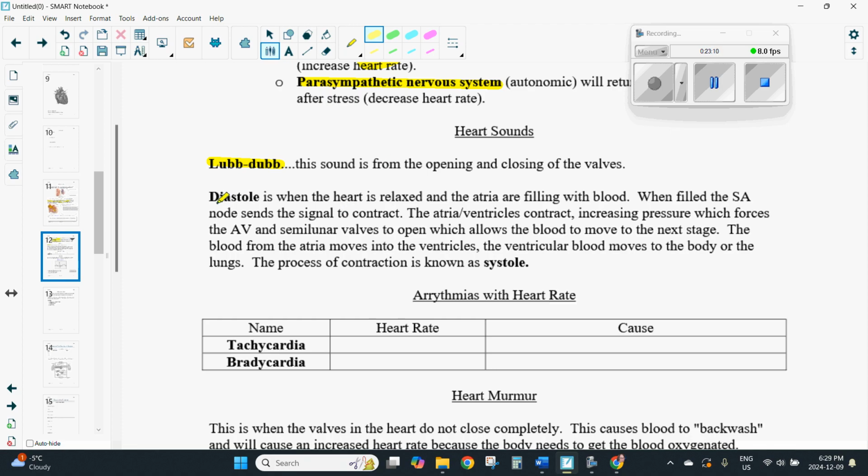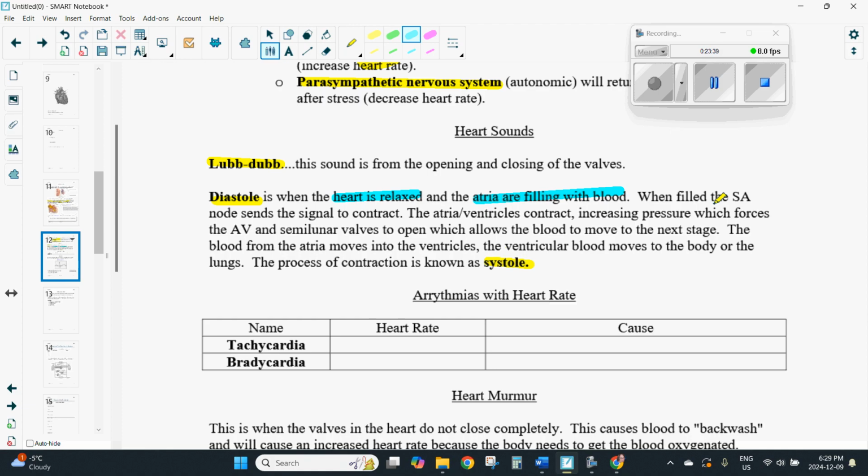So diastole and systole. Diastole is talking about when the heart is relaxed. I'm going to use a different highlighter for this one. It's when the heart is relaxed and the atria are filling with blood. So this is when your SA node is not sending an impulse, because it's not always sending an impulse, right?